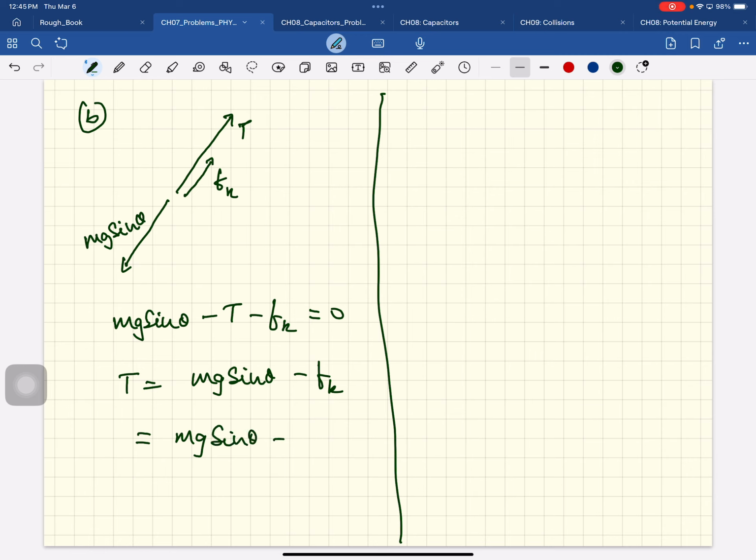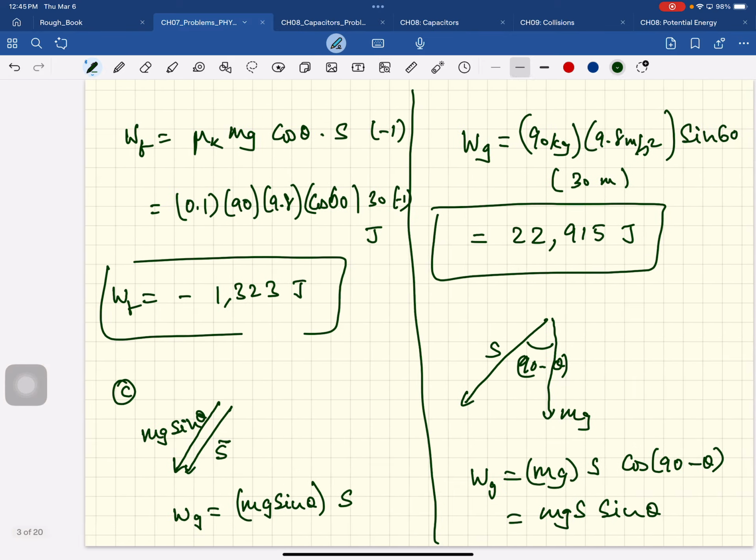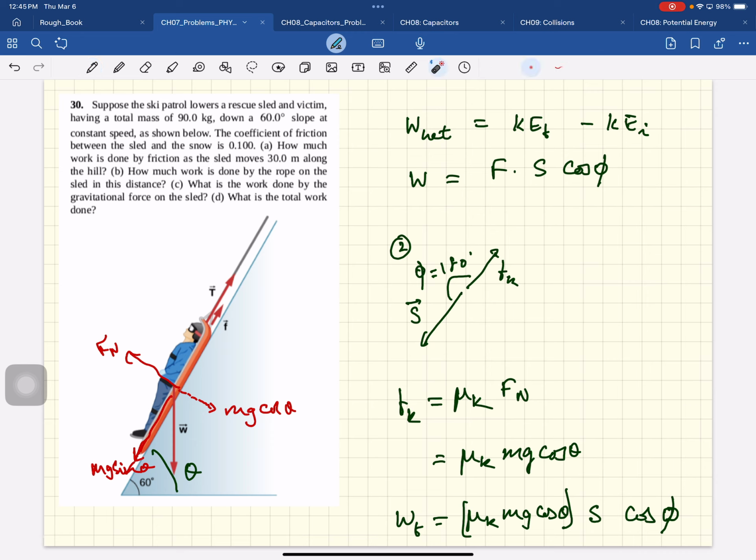And the friction force is mu k times the normal force. And the normal force was mg cosine theta. I'm going to go back to the diagram. See, the normal force was equal to mg cosine theta, where that's theta.